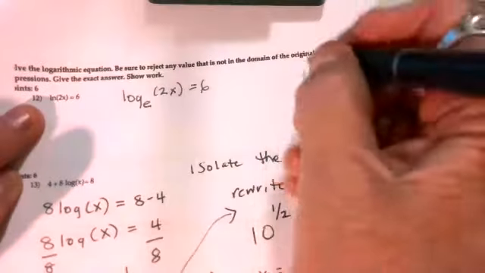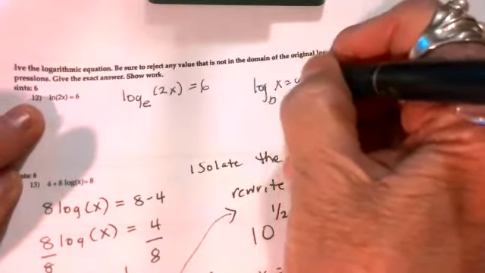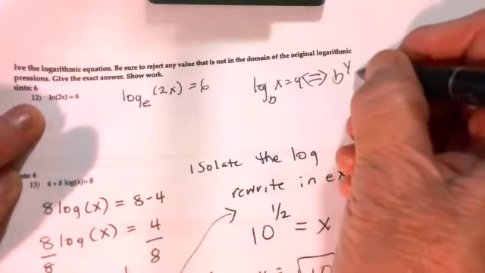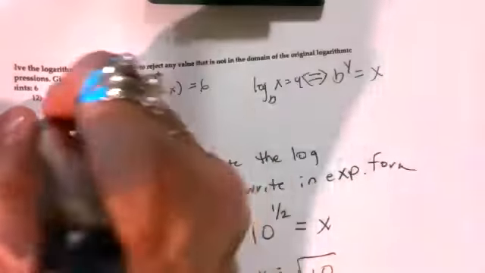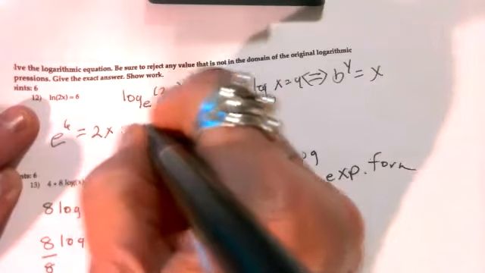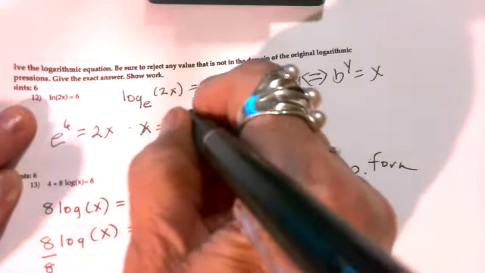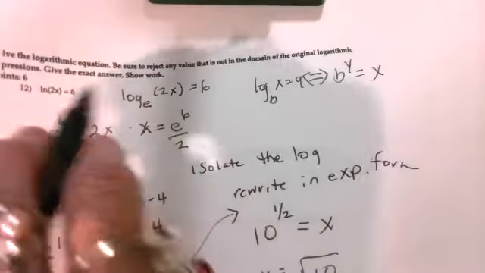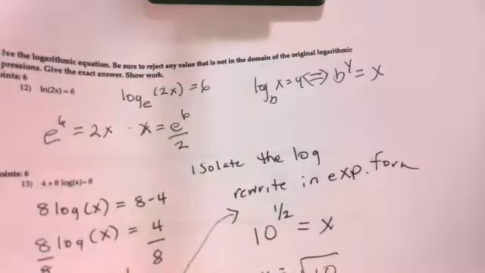Remember, log base b of x equals y is the same thing as b to the y equals x. So we get e to the 6 equals 2x, and then x equals e to the 6 over 2. And you could check it. You could put e to the 6 over 2 in there for x, and it would check.